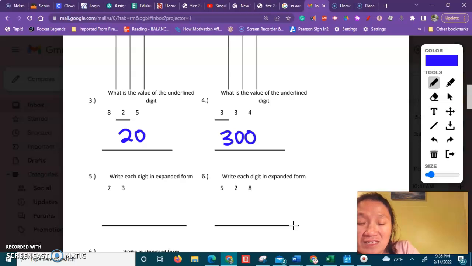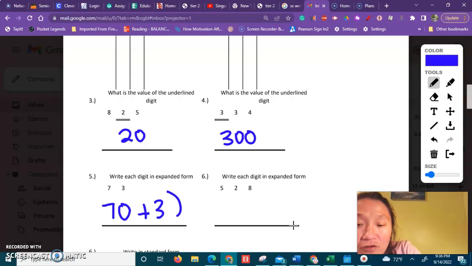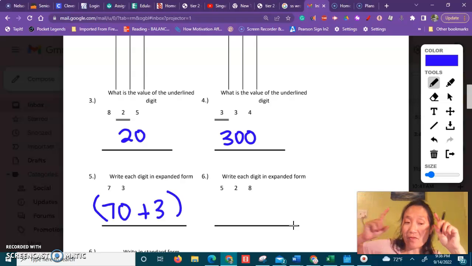So I have 7 $10 bills, that's 70, because that's how much 7 $10 bills are worth. Plus 3 $1 bills, that's worth $3. All together, that's what the parentheses mean. You can't just give away $3 and still have $73.